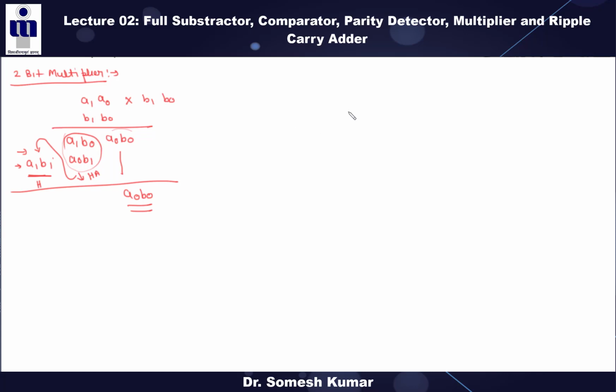And if I am saying draw the circuit for the 2-bit multiplier, then in a simple way you can design this circuit. This is your A0 B0, and this is your output. In the next case you can say A1 B0, and similarly here A0 B1, and both are given as inputs to this half adder.